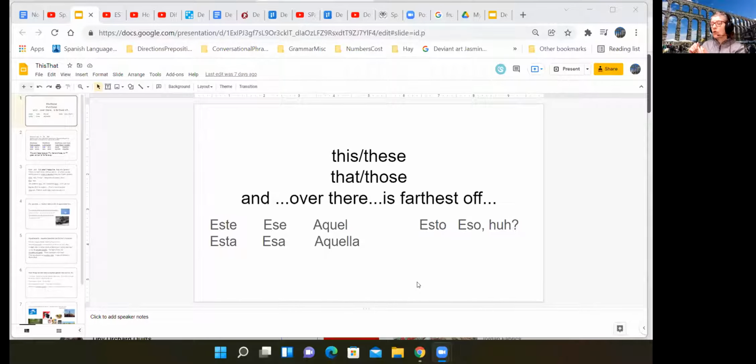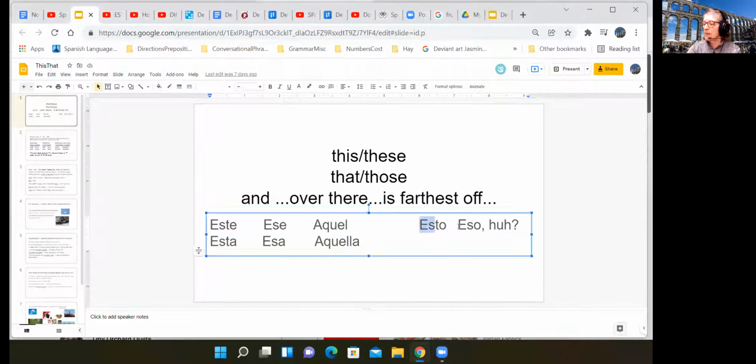And the category for that and those, which indicates greater distance, is that aquel family and all of its forms. In English, we have to add extra words to that or those to indicate that idea. We have to say that over there or those over there. Okay, we've got those ideas.